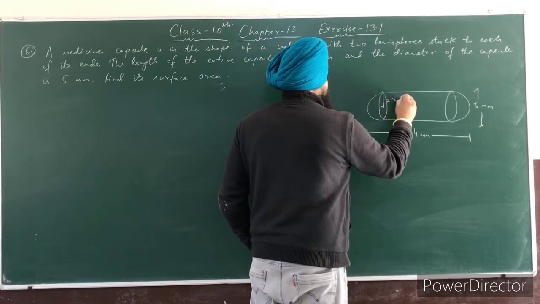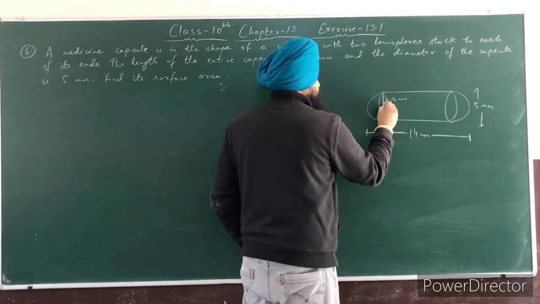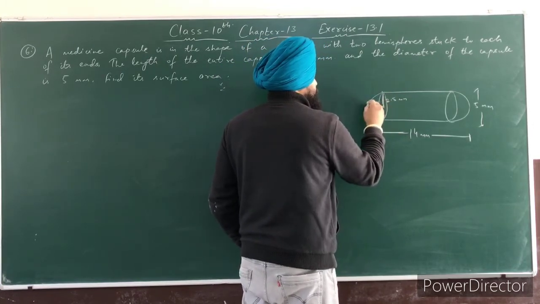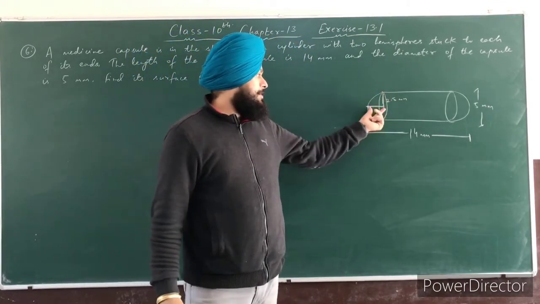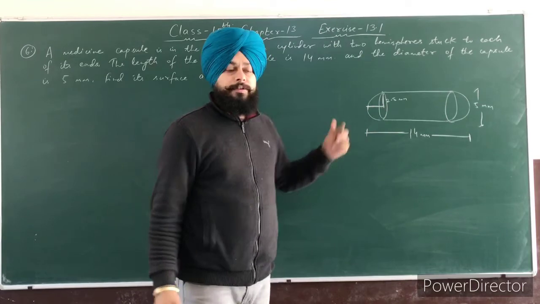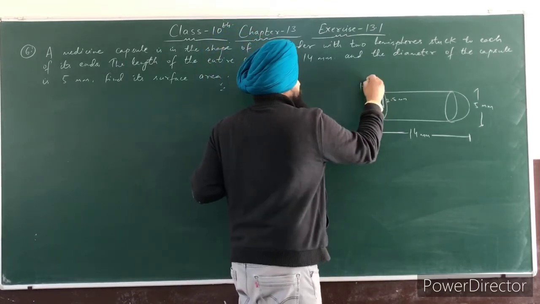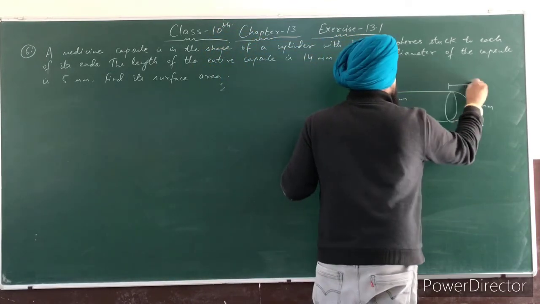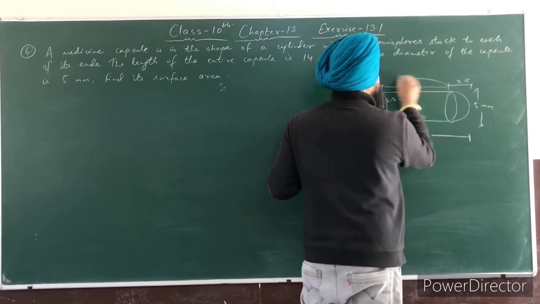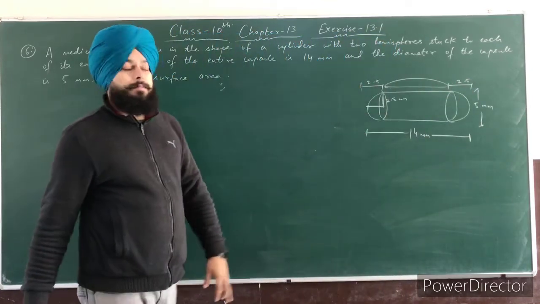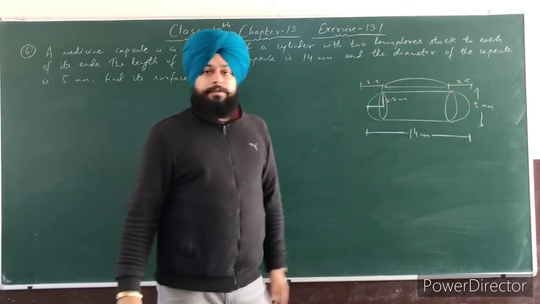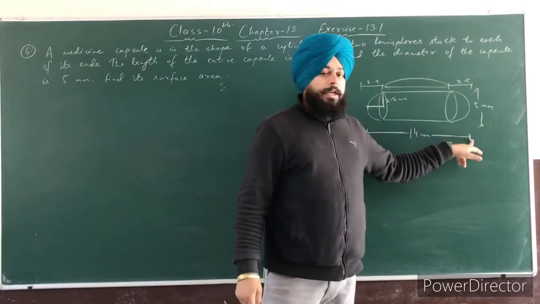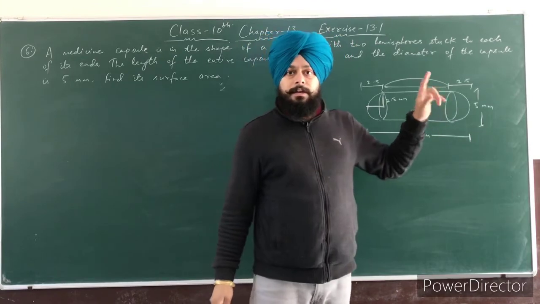And the radius or height of this hemispherical portion will be the same. So if the radius is 2.5, then the height of this hemispherical portion is also 2.5. So this is 2.5 and this is also 2.5. Now what is the remaining length of this cylindrical portion? 2.5 plus 2.5 is 5 and the total length is 14. So 14 minus 5 is 9.